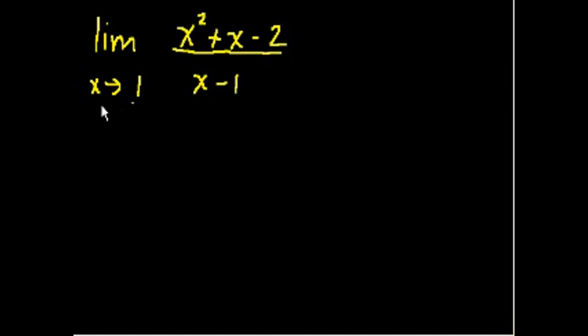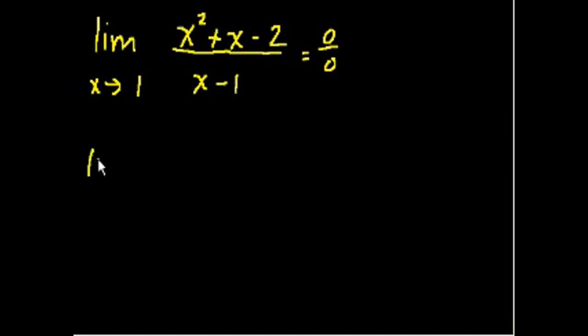Well, once again, if we just evaluate it, let's see what happens when x equals 1. You get 1 squared plus 1, so it's 2 minus 2. You get 0 over 0. So once again, we get 0 over 0, and we have to do something to this, maybe, to simplify it. Well, let's factor the top.